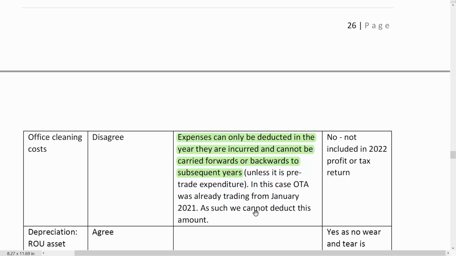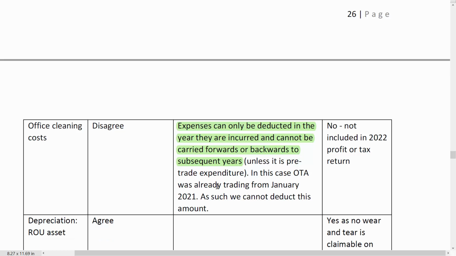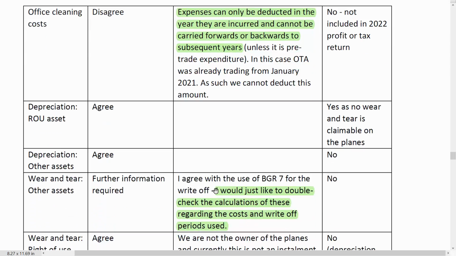We continue. As it relates to the office cleaning costs, the candidate identifies that amounts that were incurred in the 2021 year of assessment can only be deducted in the year of assessment when it was actually incurred and cannot be carried forward or backwards to subsequent years.